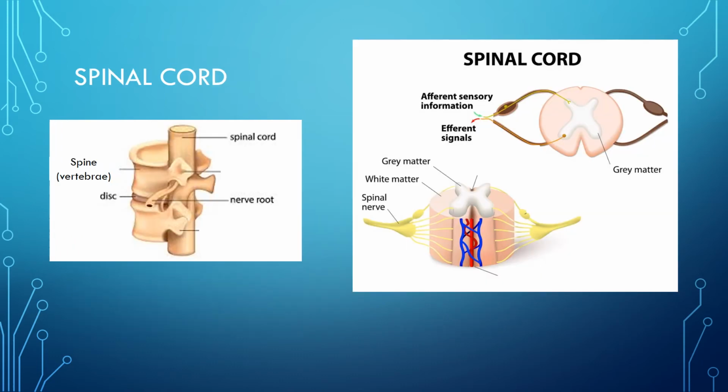So the brain is connected to the spinal cord by the brain stem, okay? And the spinal cord is a mass of white and grey matter, that's neurons and nerve fibres, that runs down the centre of your spine. It's protected by the bones of your spine, the vertebrae that run down the length of your spine.